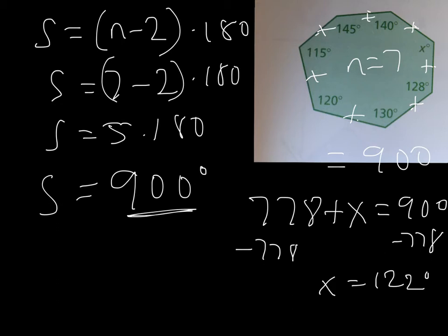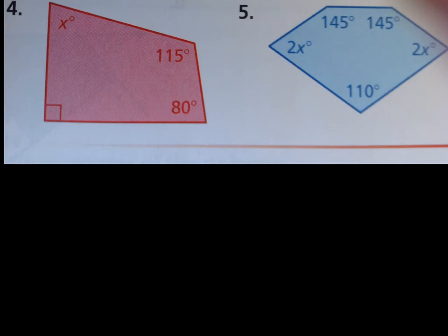So step 1, you find out what the sum of the interior angles should be for that polygon with n number of sides, and then you solve for x. So let's have you try these ones, okay? So this will be practice problem number 2, and this will be not 5, this will be practice problem number 3 for this video, okay?